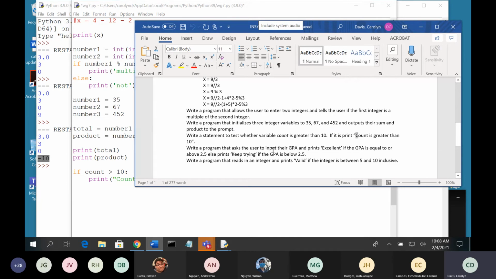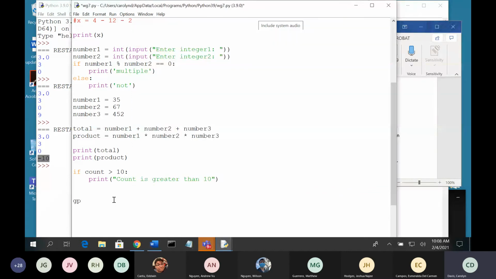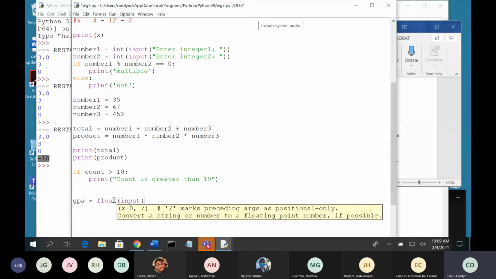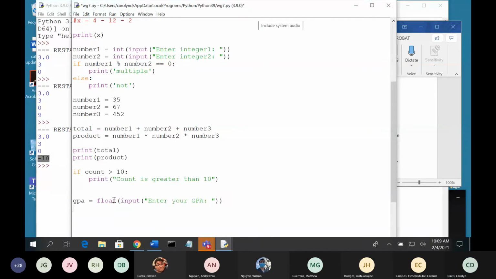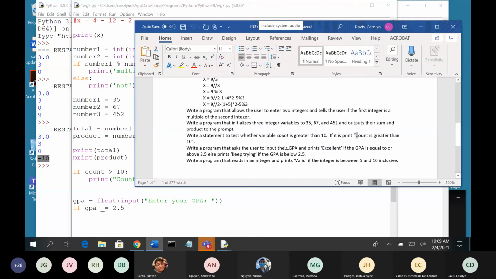Write a program that asks the user to input their GPA, and it's excellent if it's equal or above 2.5. GPA would have to be float because everybody wants their extra point. Equal to 2.5, isn't that what I said? Equal to or above, yeah.